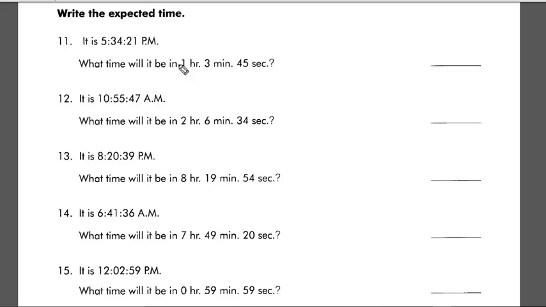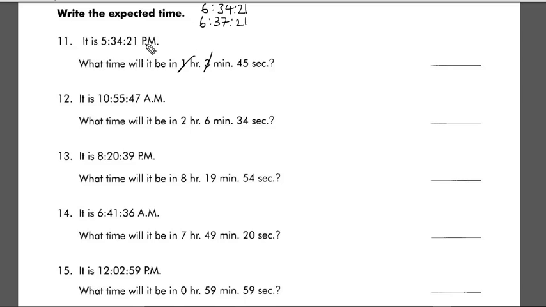What I do is I first add the hours, then the minutes, and then the seconds. So 5, 34, 21, I'm going to add an hour, and that will take me to 6, 34, and 21 seconds. So I've added my hour. Then I'm going to add my minutes. So we've got 6, and then 35, 36, 37, and 21 seconds. I've added my 3 minutes, and now I want to add 45 seconds. So 45, 55, 65, 66 seconds.